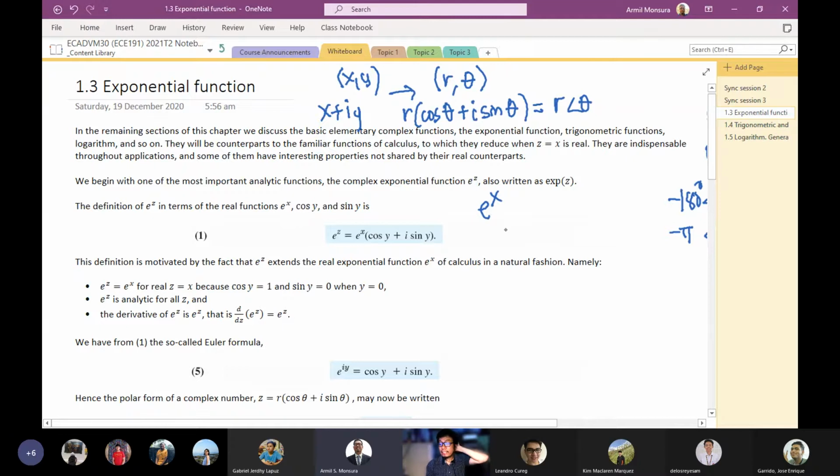We extend it by multiplying this with cosine y plus i sine y. That extends your exponential function into the realm of complex numbers. So this is what we will now call e raised to z, where z is equal to x plus iy. Is that clear?